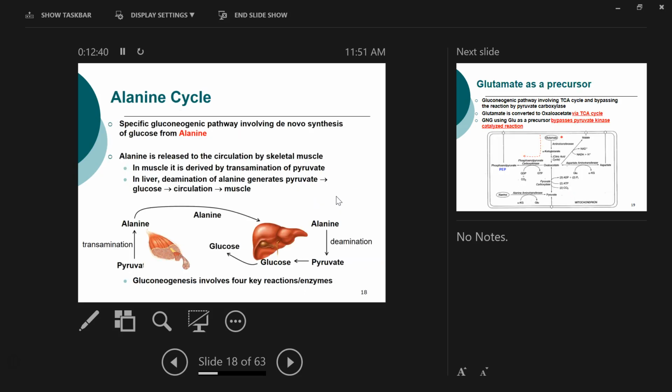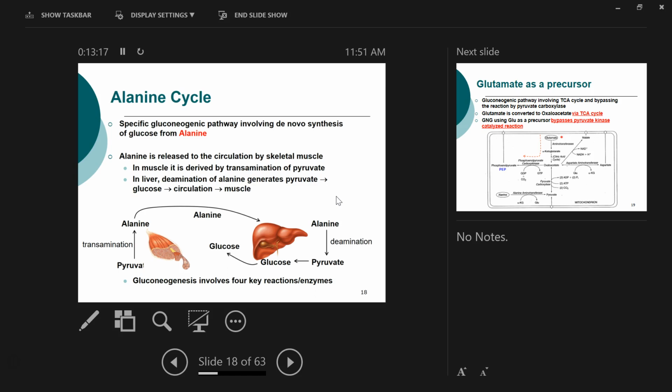And the other cycle is called the alanine cycle. The muscle and liver are involved in the alanine cycle. Basically, the muscle breaks down proteins during the fasting condition and provides alanine. Alanine can be transported to the liver as a precursor of gluconeogenesis for glucose production.